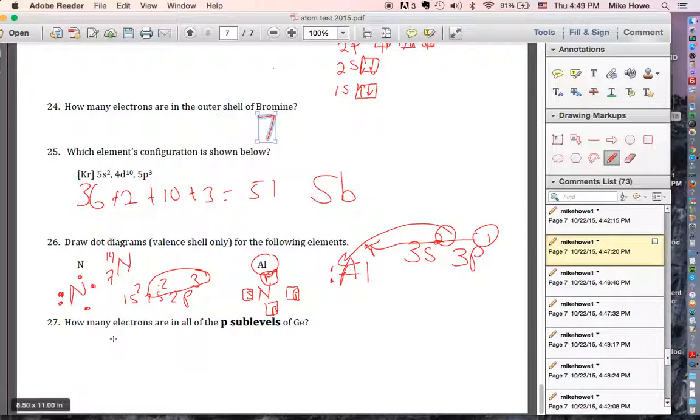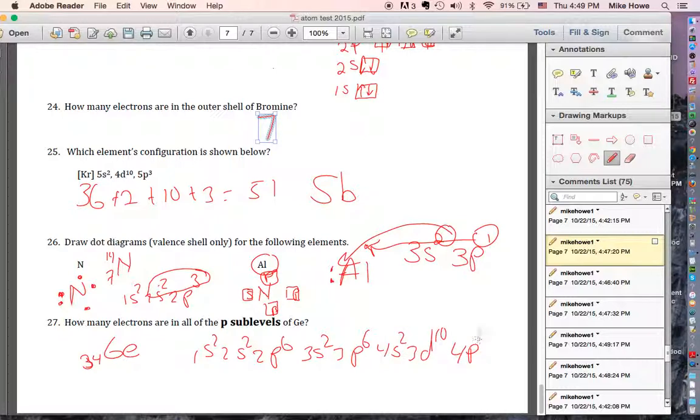All right, and then germanium, if you look at it on the periodic table, has 34 electrons. So 1s2, 2s2, 2p6, 3s2, 3p6, 4s2. Looking at the number of electrons in the 2p, there'd be 6. Number of electrons in the 3p, there'd be 6.